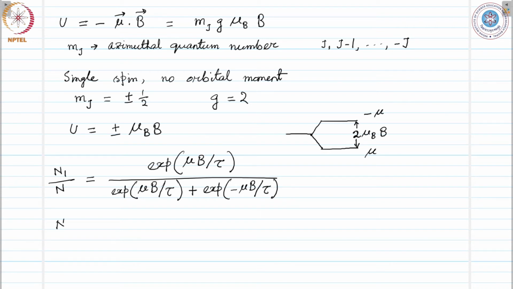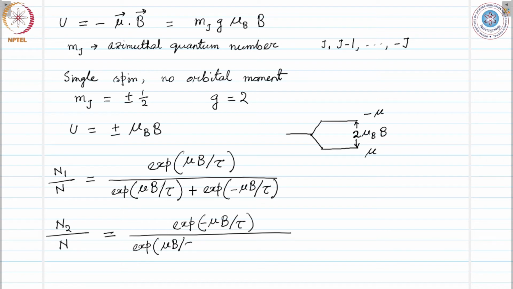Similarly, N2 over N would be given as exponential of minus mu B over tau, with the same denominator, e to the power mu B over tau plus e to the power minus mu B over tau.